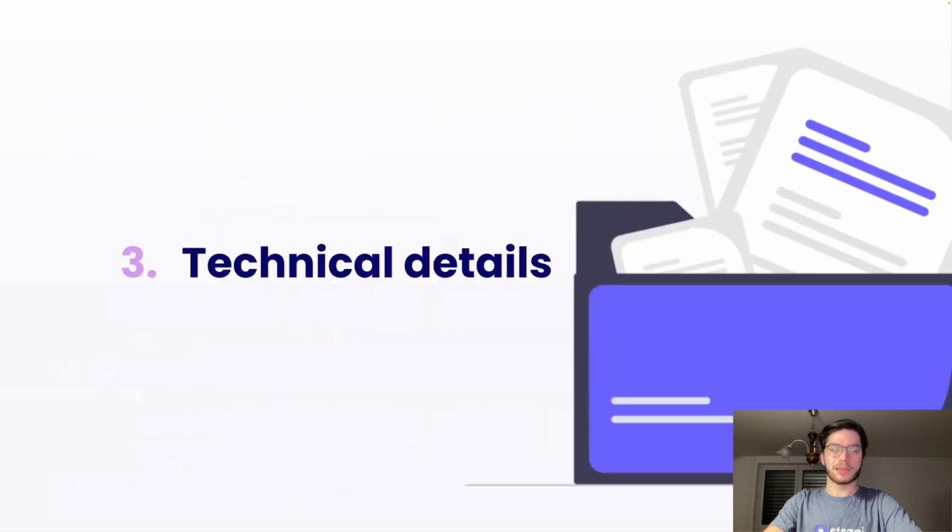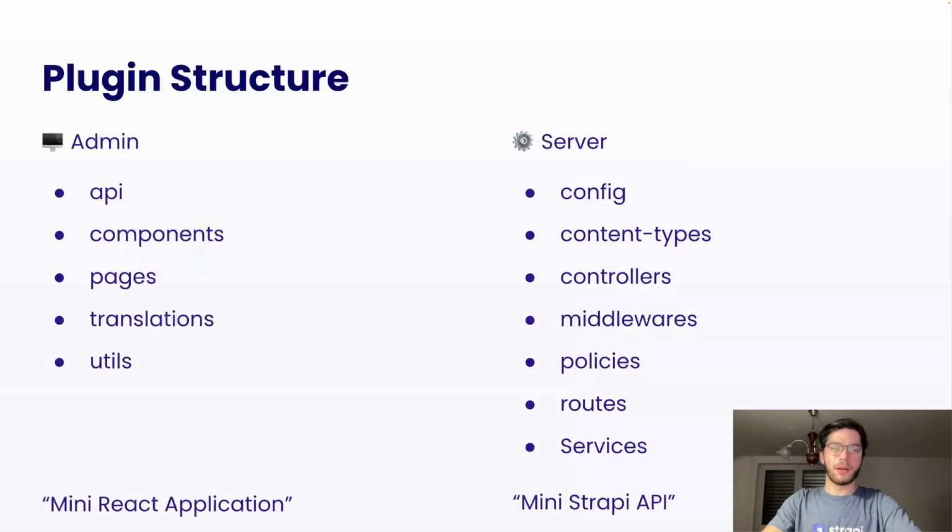Let's look at some technical details of plugins inside Strapi. You can think of a plugin inside Strapi as two parts. There is the admin part and the server part. The admin part is basically what the users interact with inside the application, and you can think of it as a mini React application.